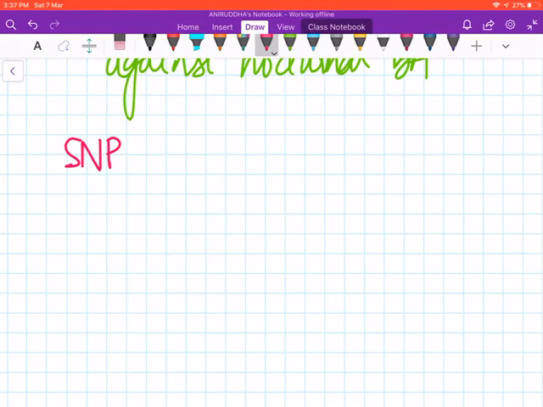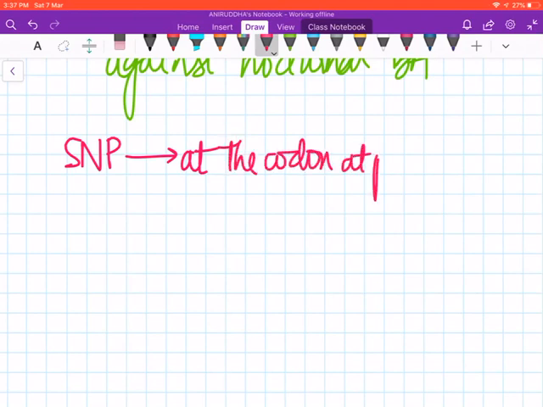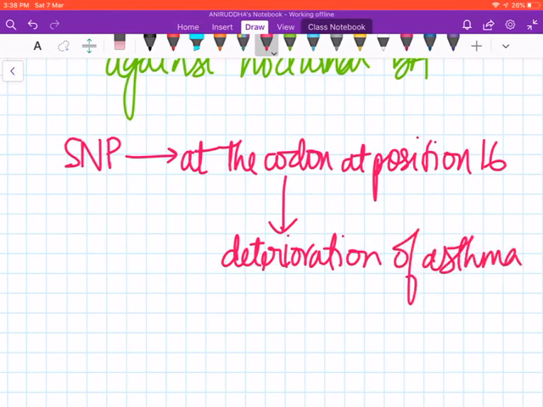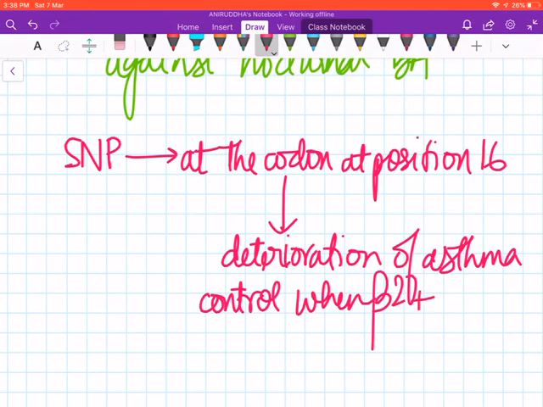In the gene which encodes for the beta 2 receptors, there is a single nucleotide polymorphism at the codon at position 16, and this leads to deterioration of the asthma control when beta 2 agonists are given. Okay.